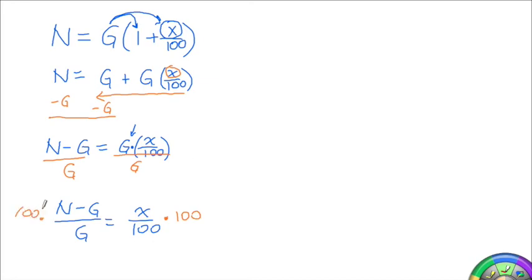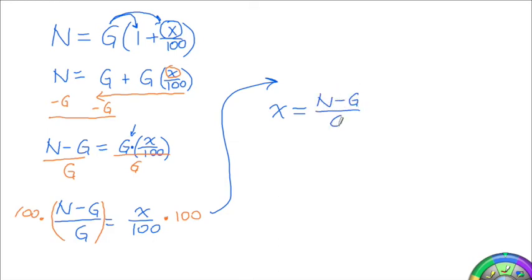Now, whether you multiply by 100 or just remember to change things by multiplying by 100 is up to you. But the technical formula is x, the percent change, is equal to new minus old, in this case grandma, over old, grandma, times 100.